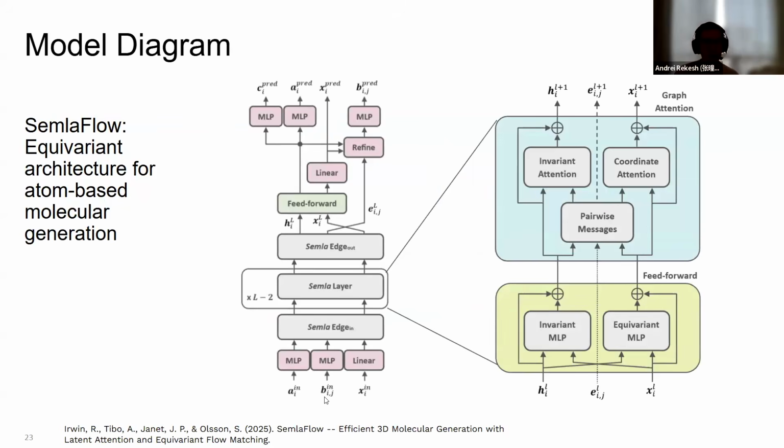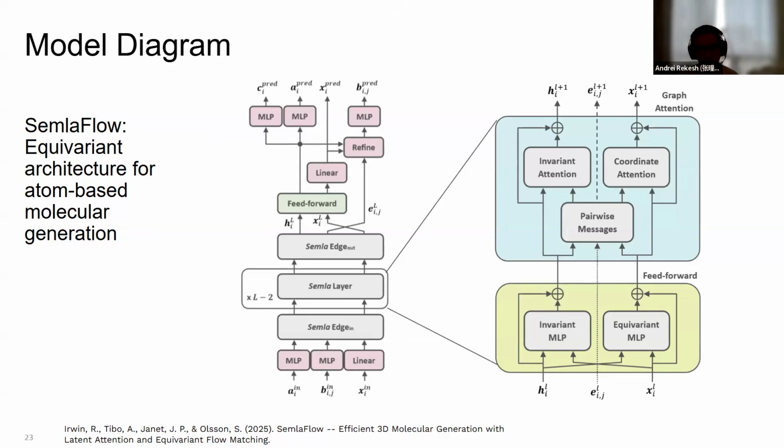For a model diagram, we borrow from SemlaFlow, which is an equivariant model for atom-based generation, so it's actually an all-atom model. I'm not going to go fully into the architecture. It's just an E3 equivariant model, and it handles invariant information like atom types and bond types, and equivariant information like representations of coordinates and relative coordinates as well.